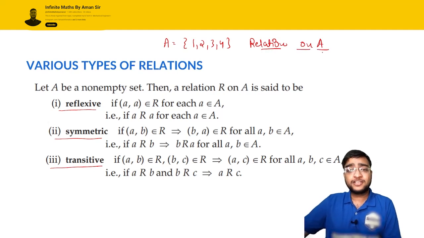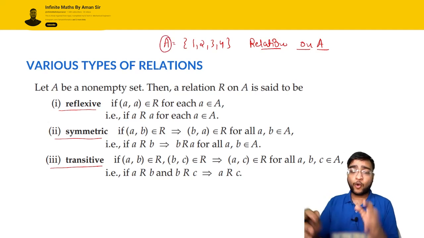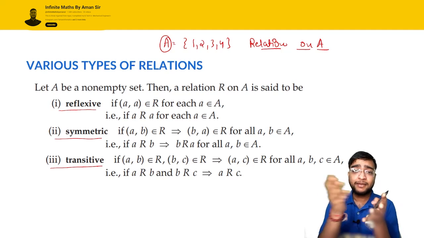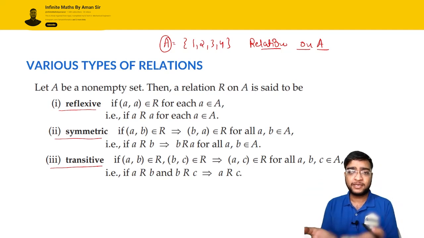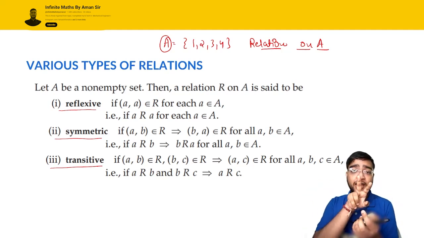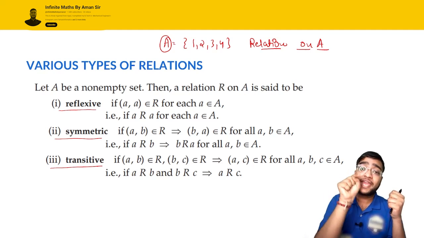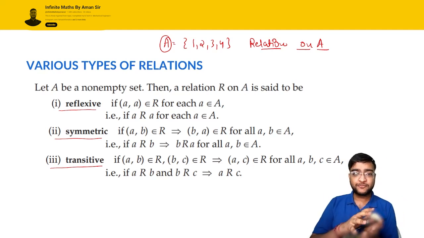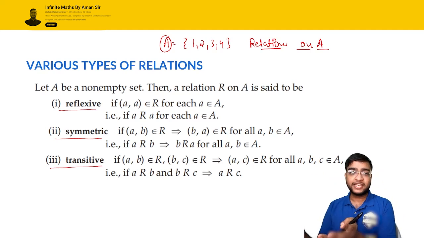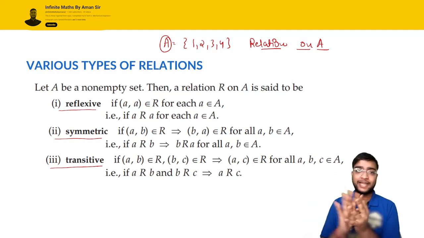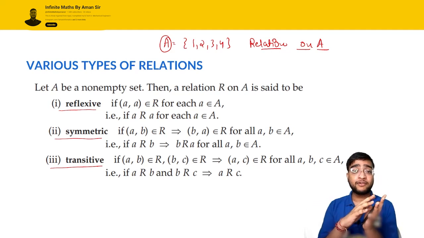With reference to the first lecture, it means the relation is defined on my set A. Whatever pairs are obtained with some condition, both elements of each pair must be in my set A. That is what we learned in our previous lecture.